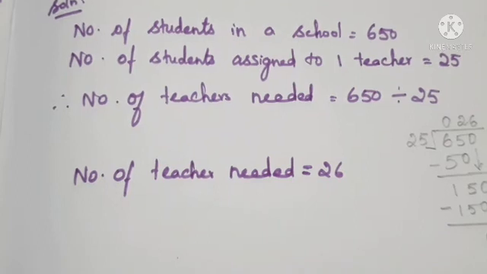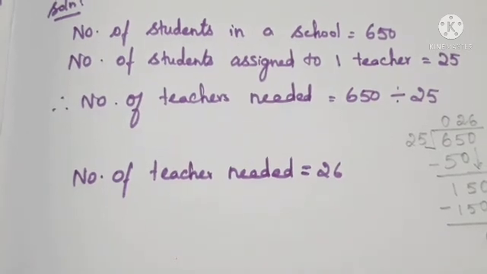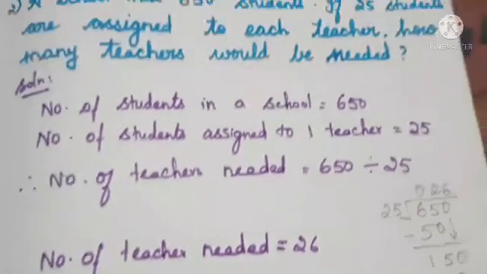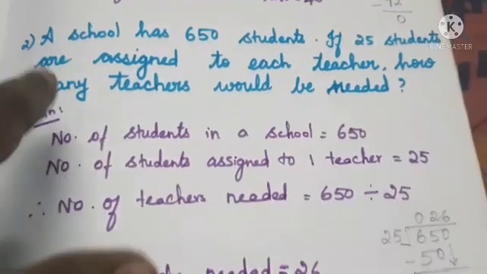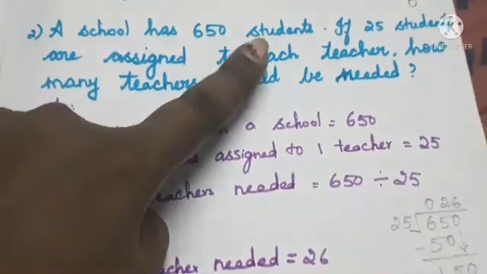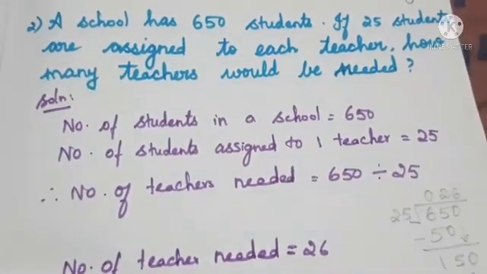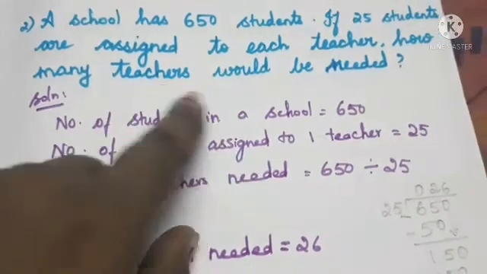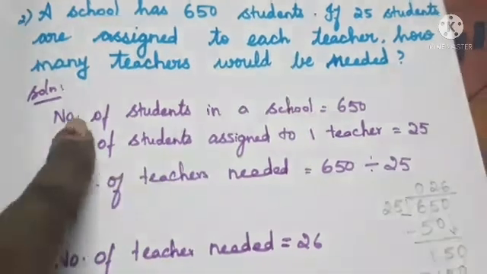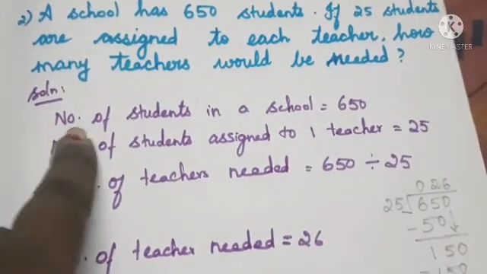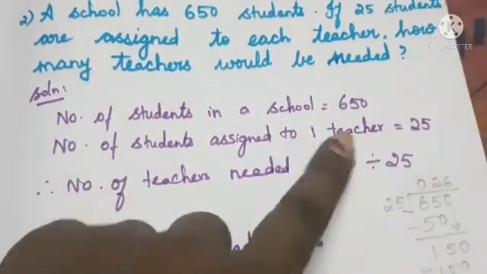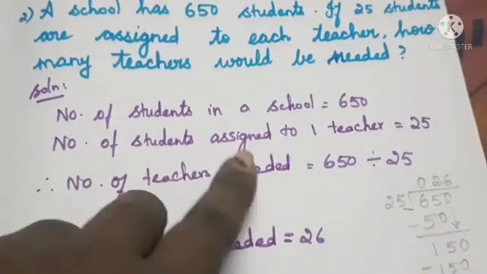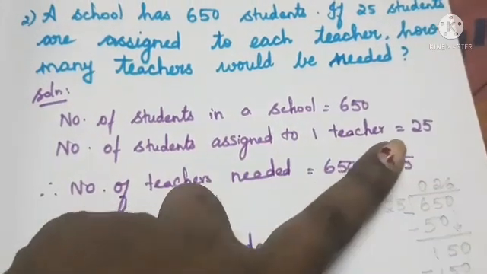Have you understood? Listen, here they have given that the school has 650 students. If 25 students are assigned to each teacher, how many teachers would be needed? From here we come to know that the number of students in a school is 650. The number of students assigned to one teacher is equal to 25.